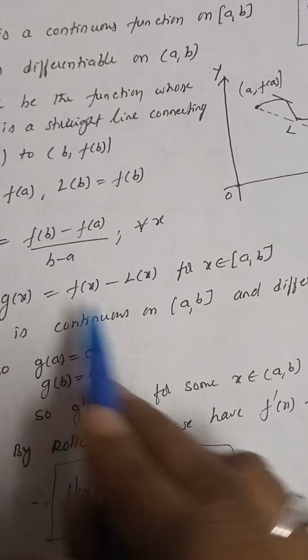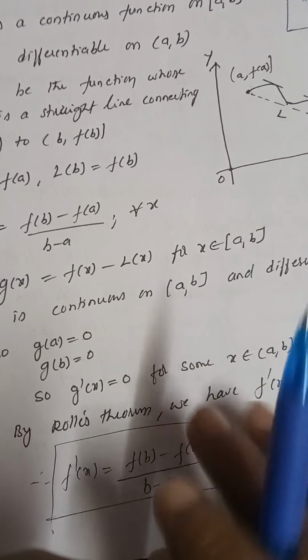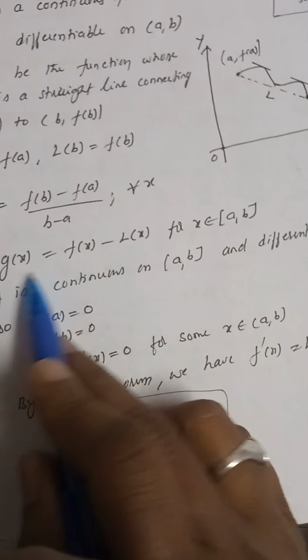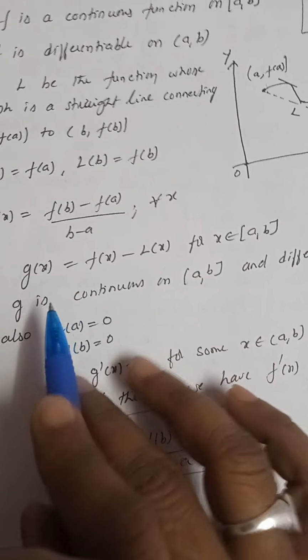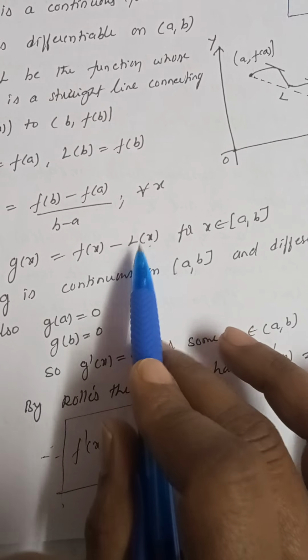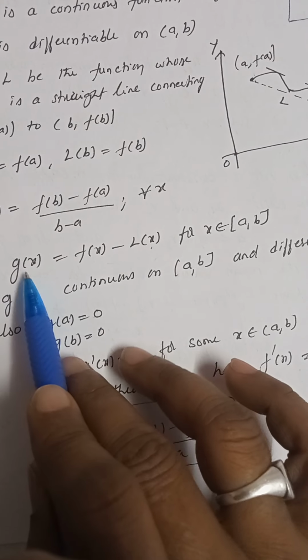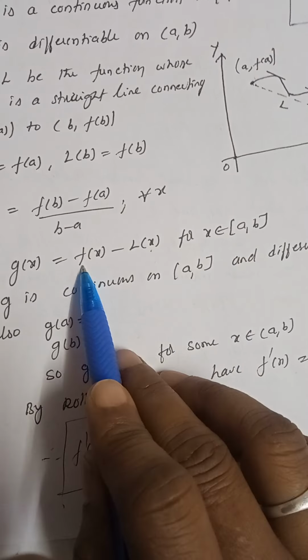Here g of x is f of x minus L of x for x belonging to the closed interval [a, b]. Now we are defining this function and checking whether it is continuous or not. Yes, it is continuous. Why? Because these two are continuous functions. Therefore g of x is also continuous on the closed interval [a, b].